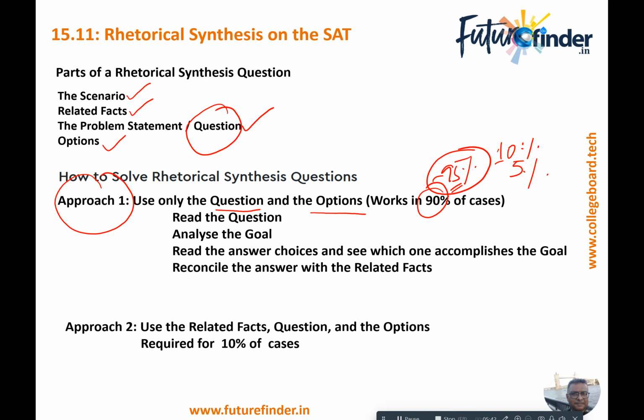So this is what approach 1 looks like: read the question, analyze the goal, read the answer choices, and reconcile with the related facts if necessary. And what about approach 2? Only in 5 to 10% of the cases will you have to use the related facts to find the option choices. We will see why and how.